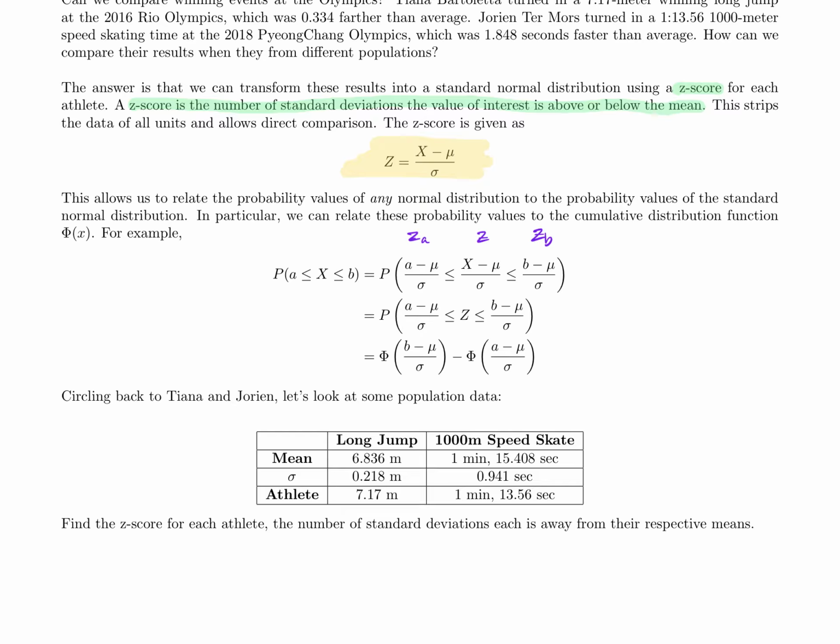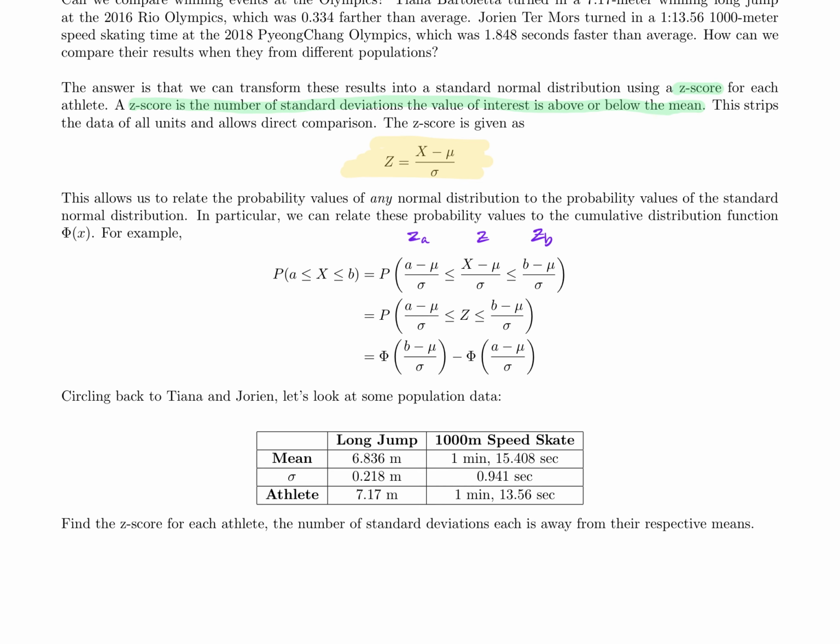So we just changed the middle to z, and we can rewrite the probability as the probability on a standard normal: phi of b minus mu over sigma minus phi of a minus mu over sigma. Because again, we are changing these into standard normal.